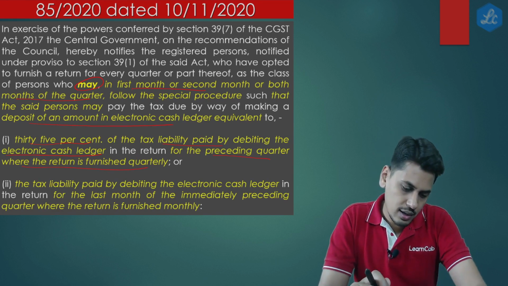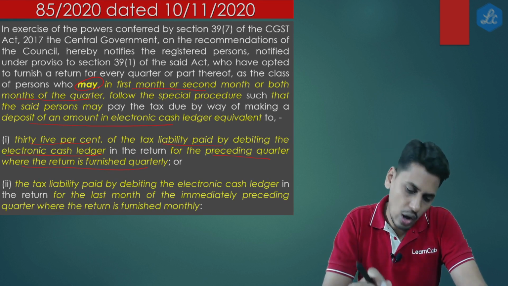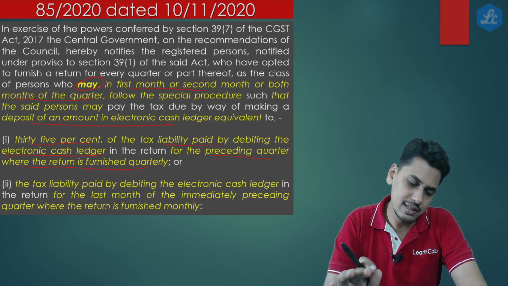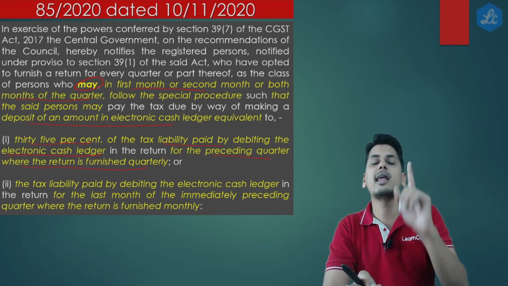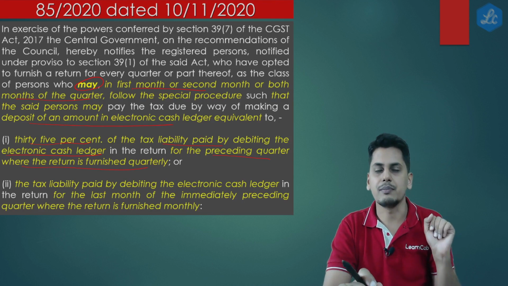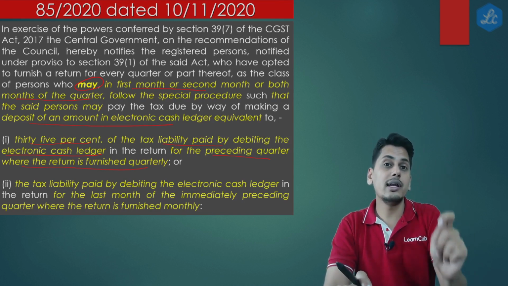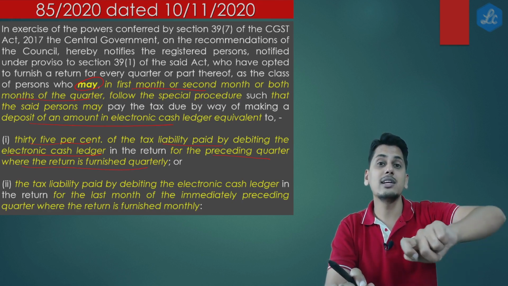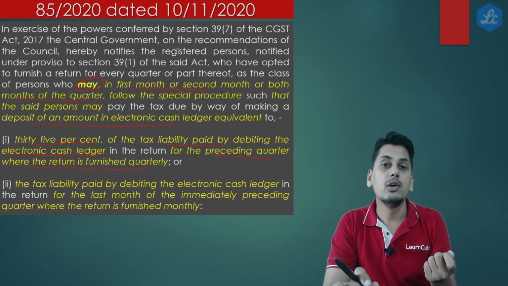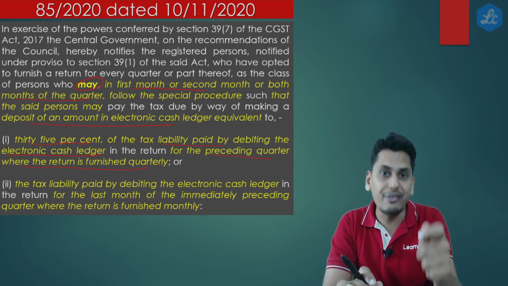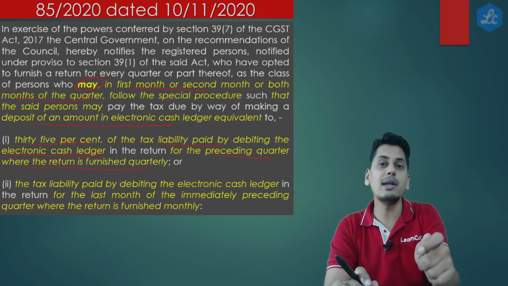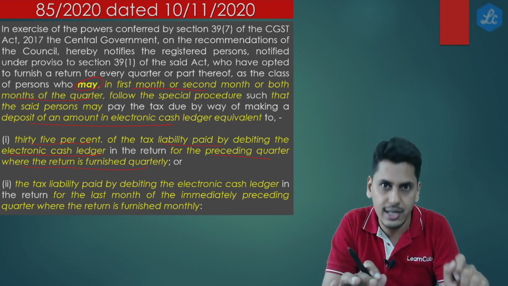So friends, 35% of the tax liability which is being paid by debiting the electronic cash ledger. Friends, please understand, do not commit any mistake over here. You need not compute 35% of the total liability. You have to compute 35% of that liability which is paid by your cash ledger.